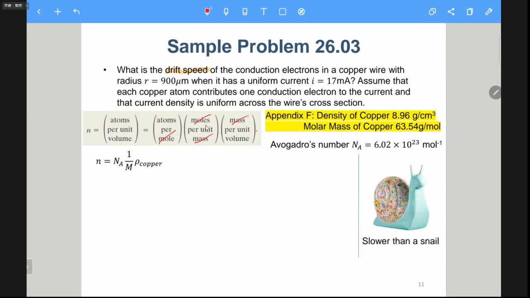Because we have moles per mass, which is the reciprocal of the molar mass. And then mass per volume is actually the density. And atoms per mole is actually the Avogadro number. So we can get all these three numbers to calculate the carrier density, which is N_A times 1 over M times the density of copper.